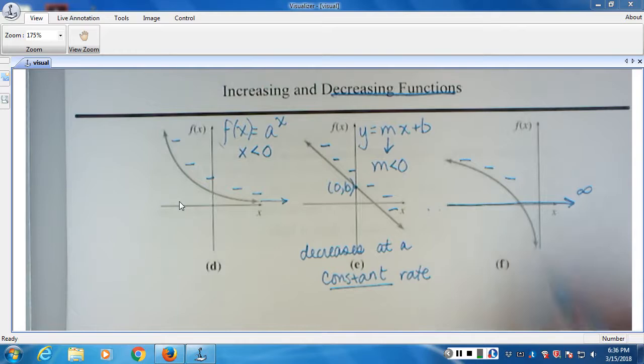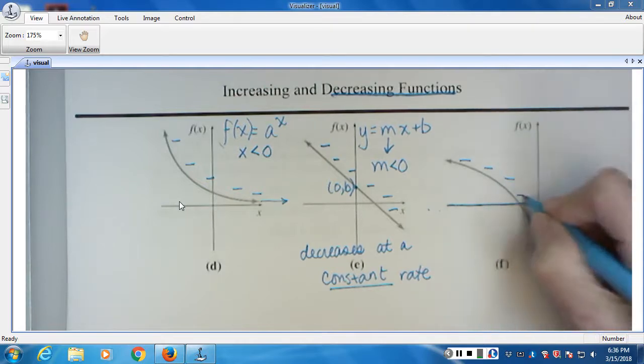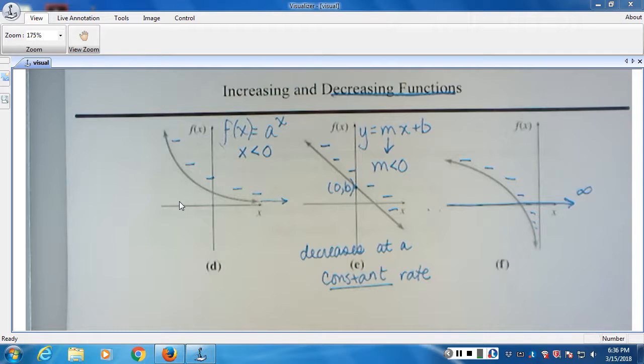But as it gets closer and closer to your y-axis, it's going faster and faster. But it's still negative. It's actually approaching a slope that's undefined because it becomes so steep it's almost vertical.